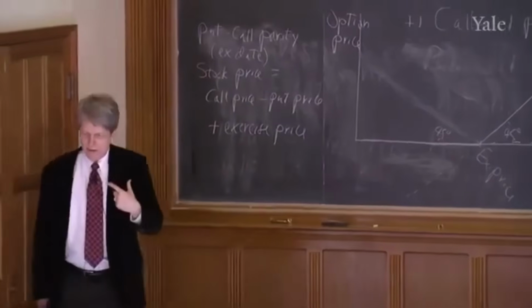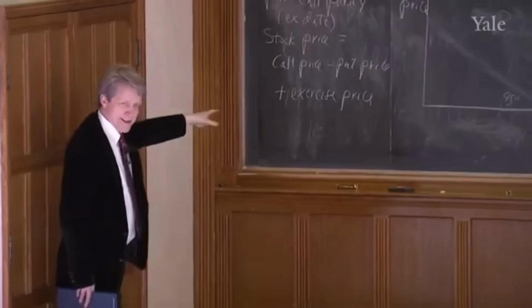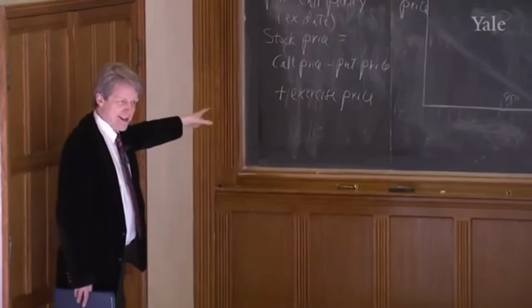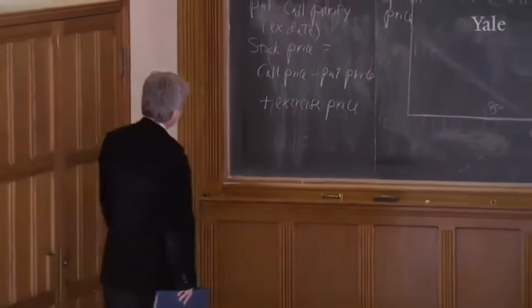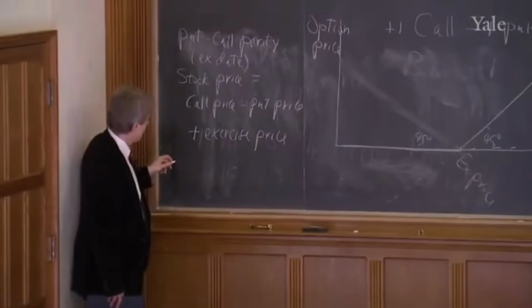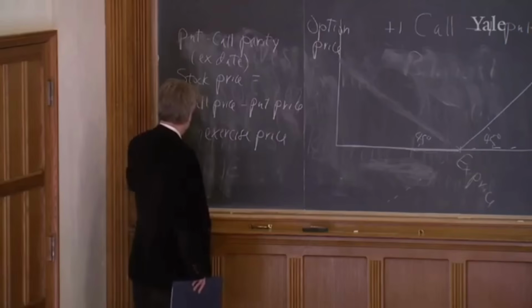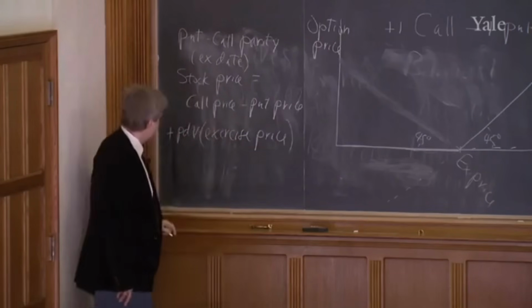Now let's think about some day before the exercise date. Well, you know this is going to happen on the exercise date. So any day before the exercise date, the same thing should hold, except that we've got to make this the present discounted value of the exercise price.